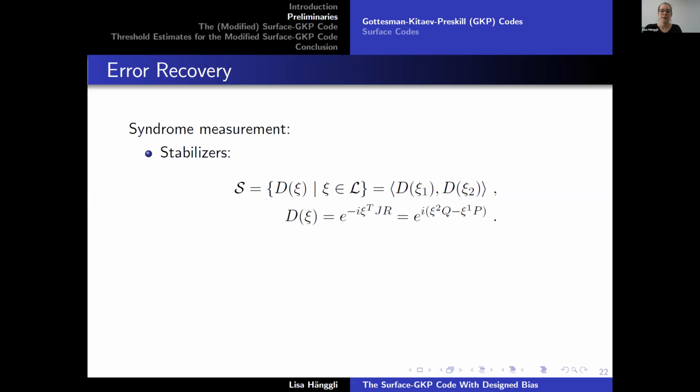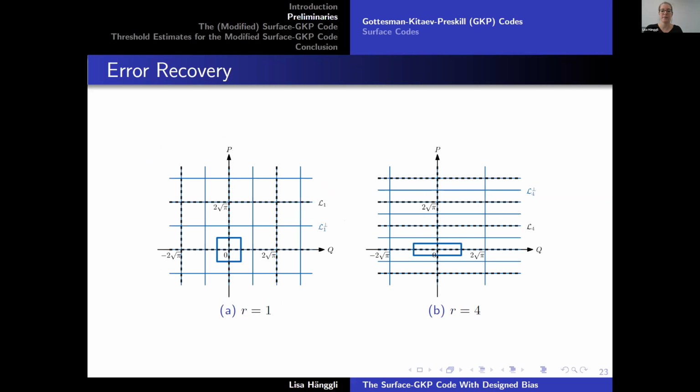Since the symplectic inner product of these vectors with the generating vectors of the dual lattice is exactly 2 pi, the operators Q and P are measured modulo the dual lattice. So we get a syndrome in the Voronoi cell of the dual lattice. Here we have again these Voronoi cells marked with blue rectangles for our two examples of R equals 1 and R equals 4.